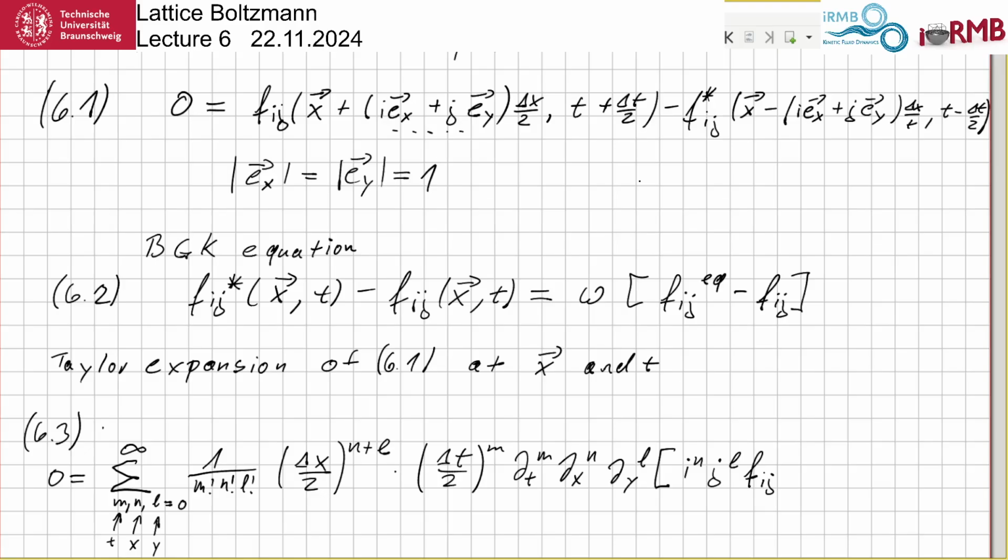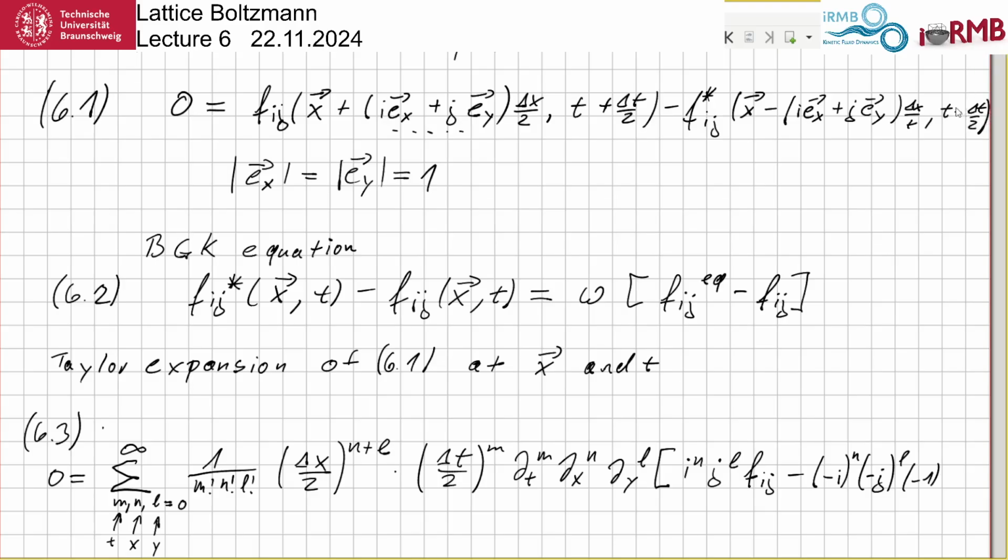So this is the pre-collision part. Then comes minus the post-collision part. In the post-collision part, you see that we have a minus in front of the distance and in front of the time delay. This means we'll have not i to the power of n, but minus i to the power of n, and minus j to the power of l, and minus 1 to the power of m. There is no index in here.